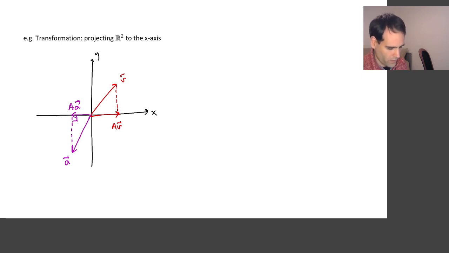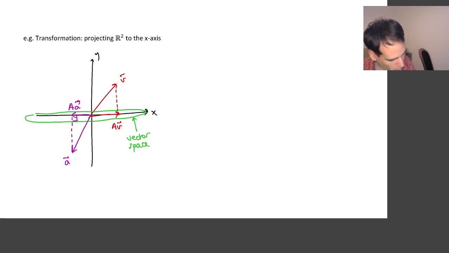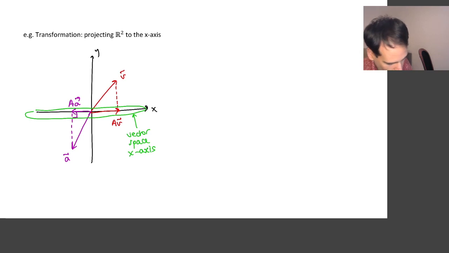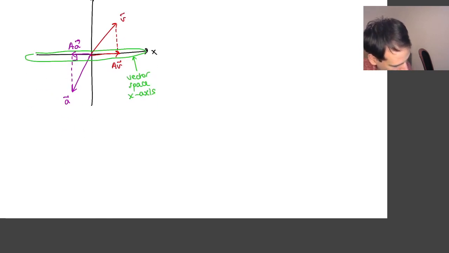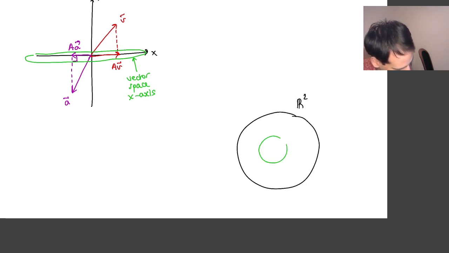In other words, no matter where we start, we always end up in the infinite line given by the x-axis. So this we could call a vector space, which we could call x-axis. It is a vector space. So we could draw a Venn diagram in which we have R squared, and inside of R squared we have our vector space, which is the x-axis.